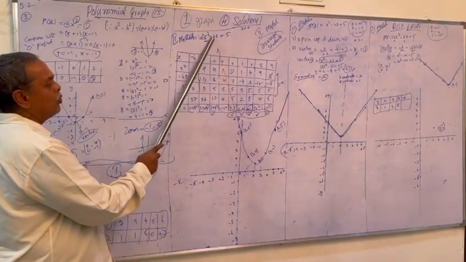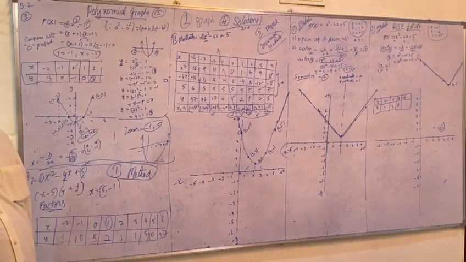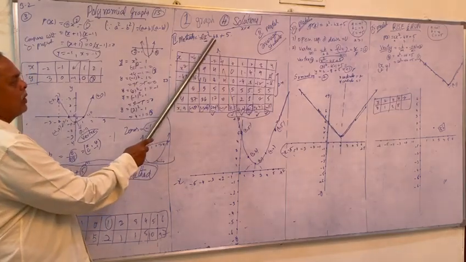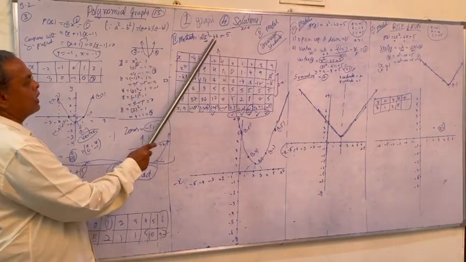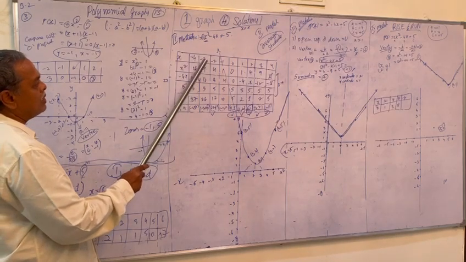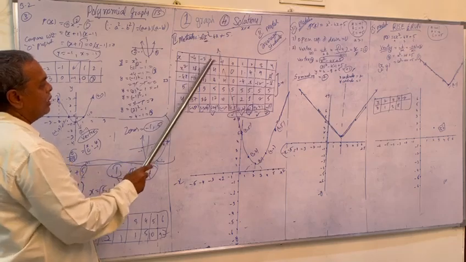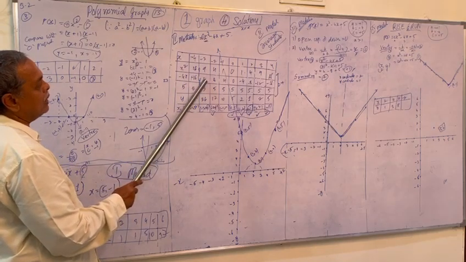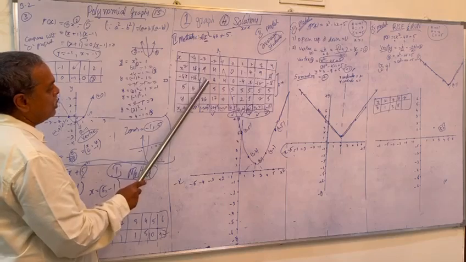Next we have taken minus 4x. Minus 4 into minus 4 is plus 16. Minus 4 into minus 3 is plus 12.